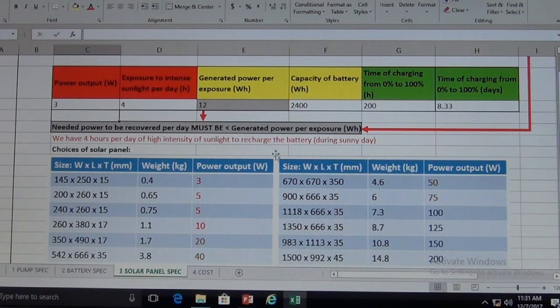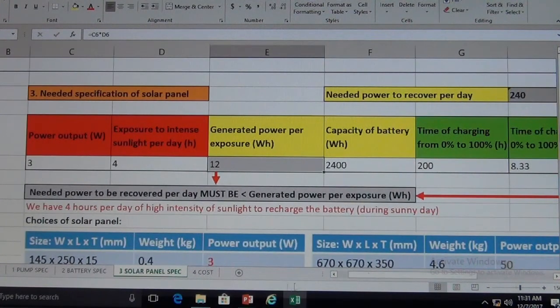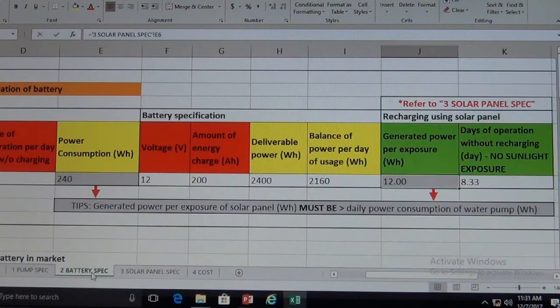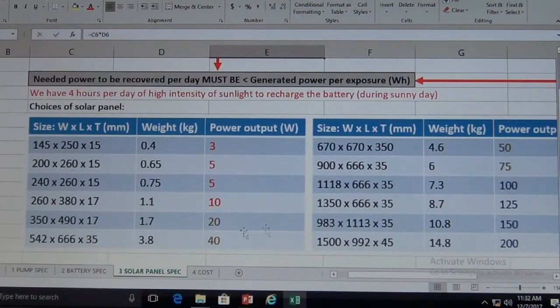So the power generated by our solar panel is only 12 watt hour. Can we replace the power lost by the usage of the pump? No. We need 240, but if we use this panel, we could only generate 12 watt hour. So we need to key in one by one, looking for the suitable solar panel.